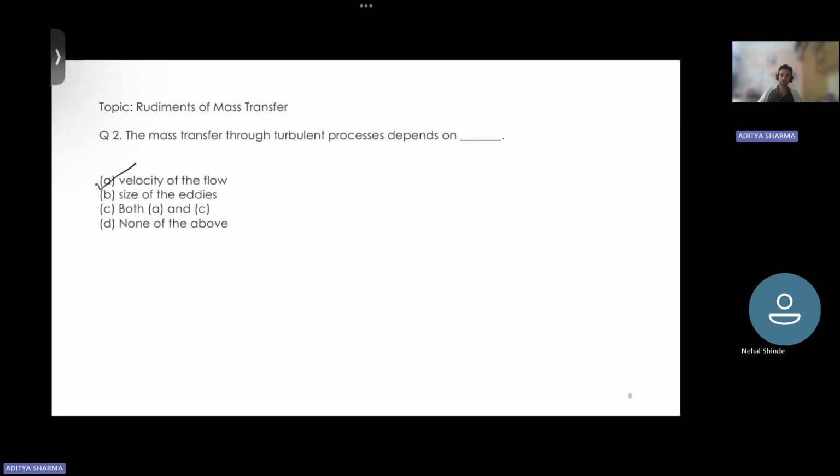But for this particular course discussion, we will limit it to this much information only, that in turbulent flows we encounter eddies, and the scale of these eddies also affects the mass transfer in a particular flow. So the B option, in that case, is also correct.